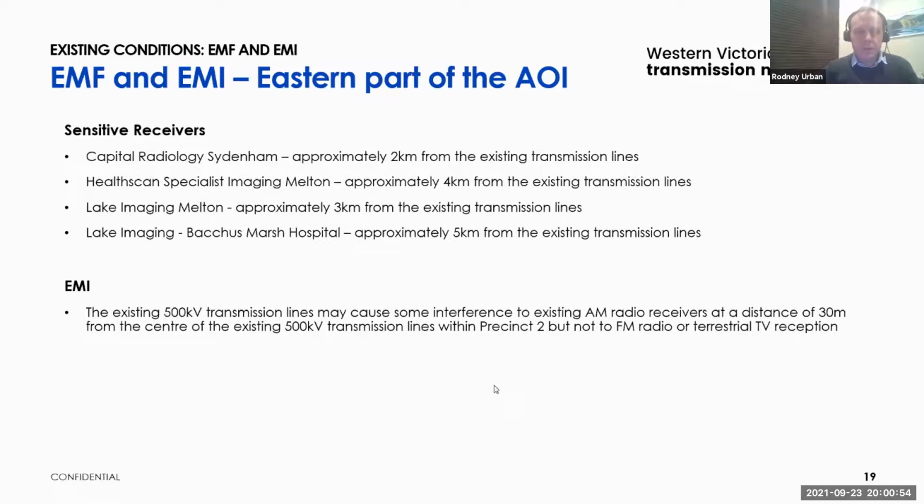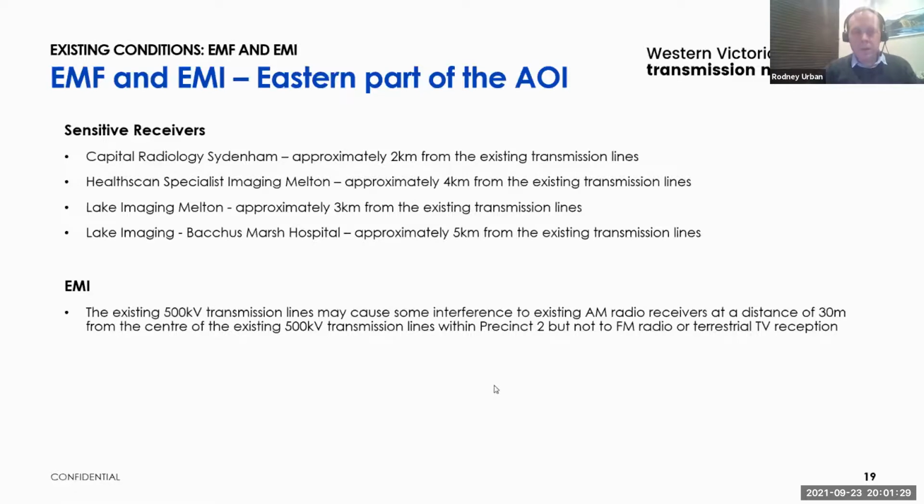In the eastern part of the area of interest, there are again medical facilities that we've identified. But again, the distances between the existing infrastructure and these medical facilities are quite significant, which is what you'd expect. It's part of the process of setting up sensitive medical imaging equipment to assess the existing conditions and where potential interference sources are, as part of the due diligence of locating that facility at a particular site.